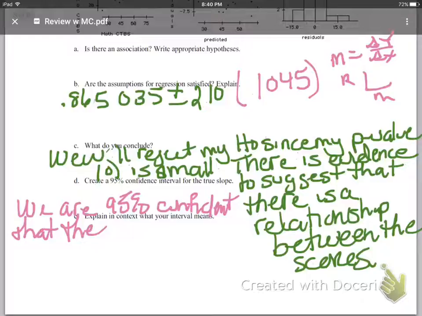So we are confident. Oh, I guess I need to know what those scores are so that I can write it down here. Just a second. All right, so I had to go back and find it because I needed the interval for the conclusion.